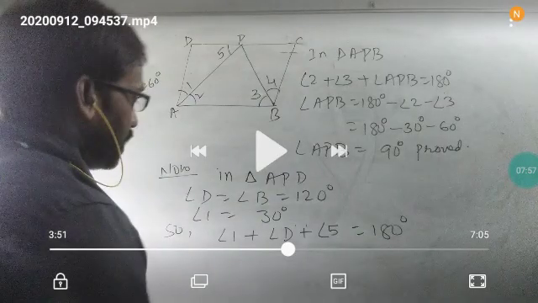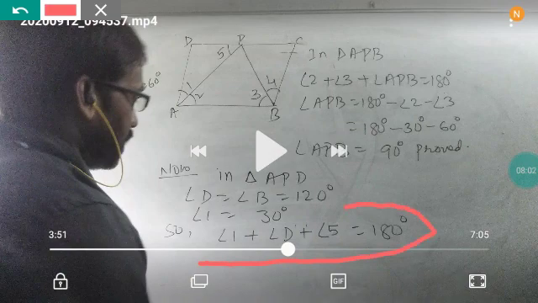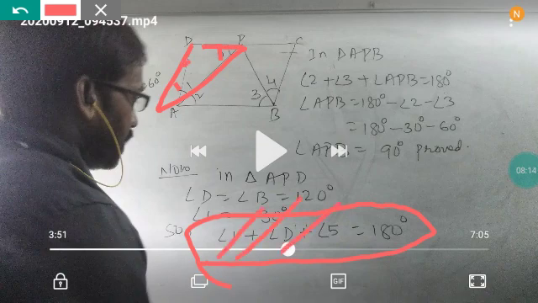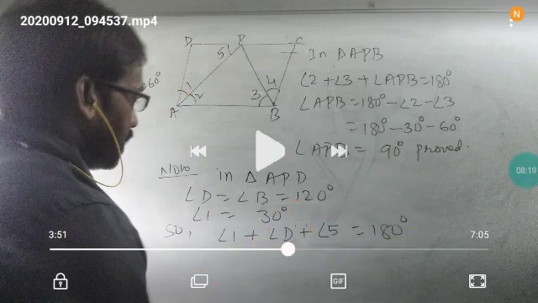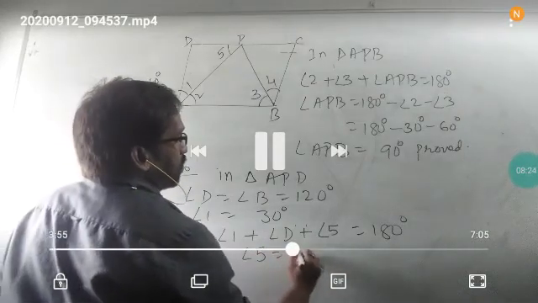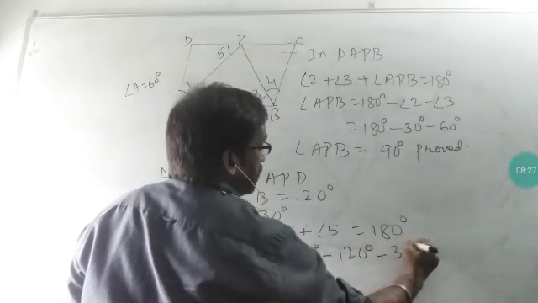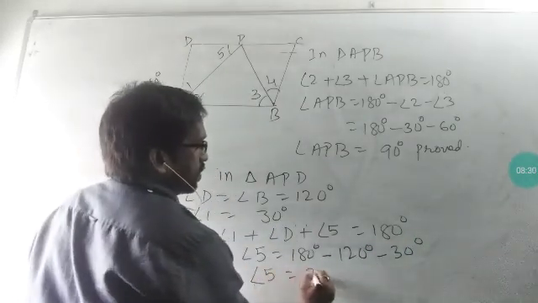So in triangle ADP, angle 1, angle 5 and angle D, their sum is equal to 180 degrees. Clear? The angle 1 value we know, that is 30 degrees. So angle 5 is equal to 180 degrees minus 120 degrees, that is angle D, and minus angle 1, that is 30 degrees.